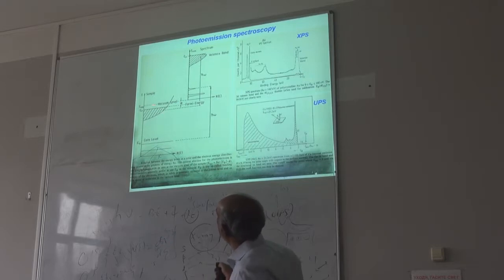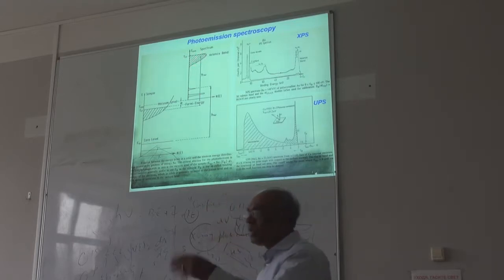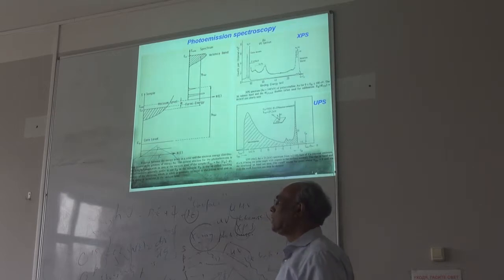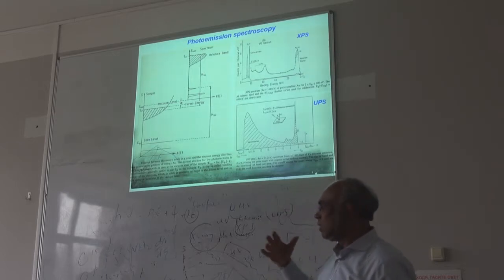This one has the highest energy, the Fermi energy, so that energy will be transferred to a higher kinetic energy. This is the lower one, so you can see it like this. You can probe the valence band using the UPS. That's the nice thing about UPS.